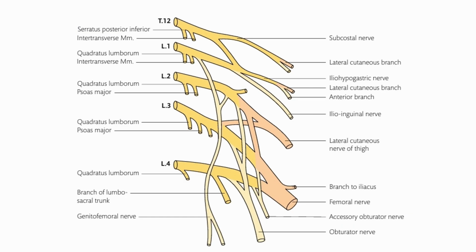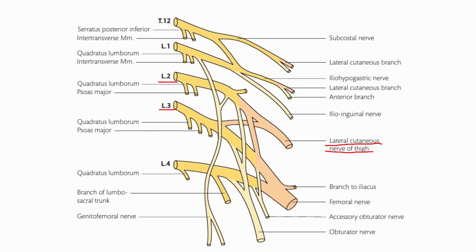To summarize, from the L1 ventral ramus, there are the iliohypogastric nerve and ilioinguinal nerve. From L1 and L2, there will be the genitofemoral nerve. From the dorsal divisions of L2 and L3, there is the lateral cutaneous nerve of the thigh.